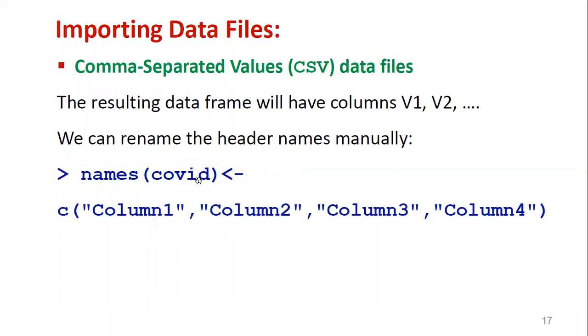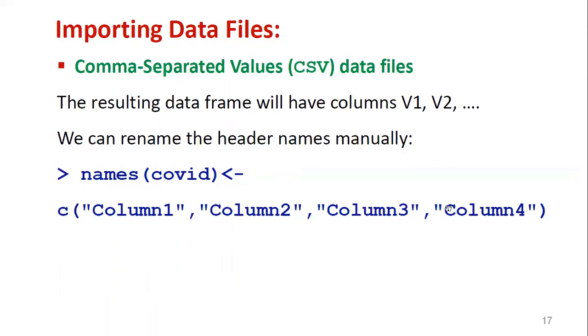Now, providing names for the columns. The resulting data frame will have columns V1, V2 and so on. Just now we saw. We can rename the header names manually by using the following command. We can use names within parentheses, the data set name COVID, equal to, by using the combined vector c of, within double quotes. So how many variables are there?